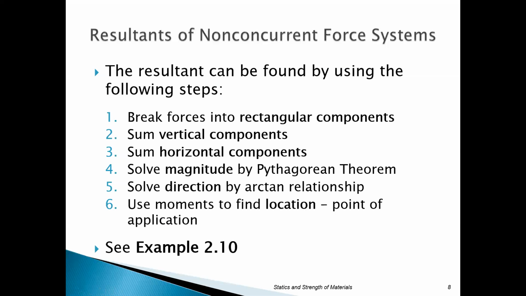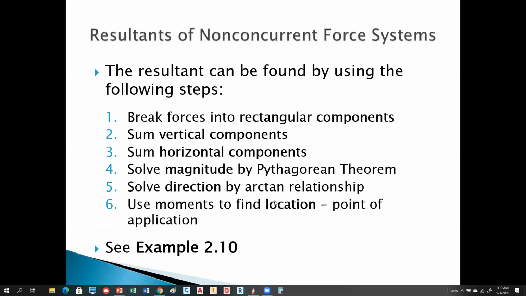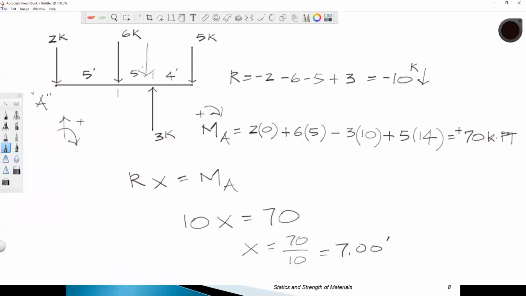Okay, so we're going to work a little example here, show you how this works. And if I go too fast, just let me know, stop me. So we're going to do a non-concurrent right now. Let me go back to my whiteboard here. Let me just clean this up.